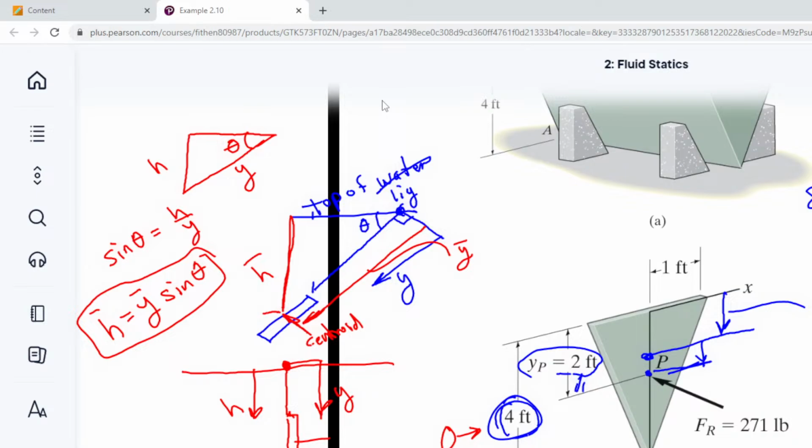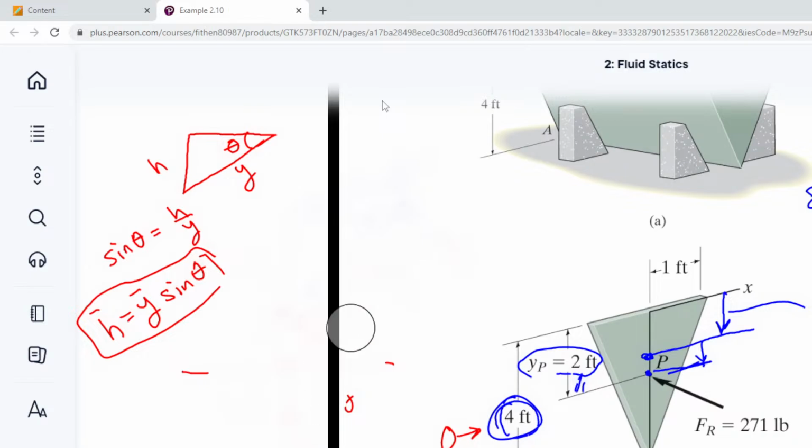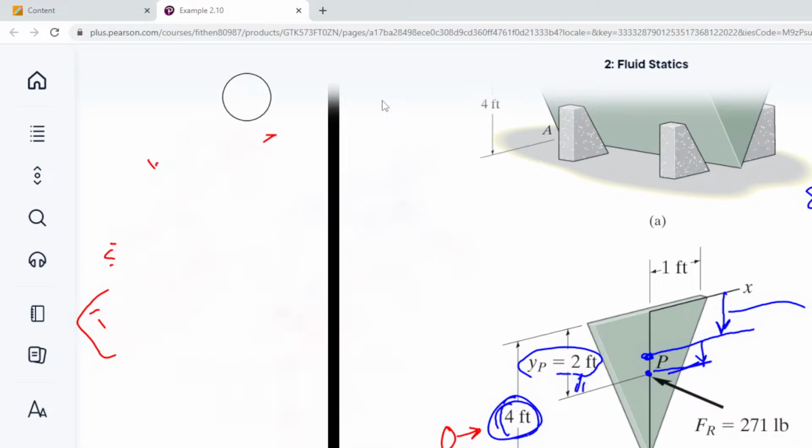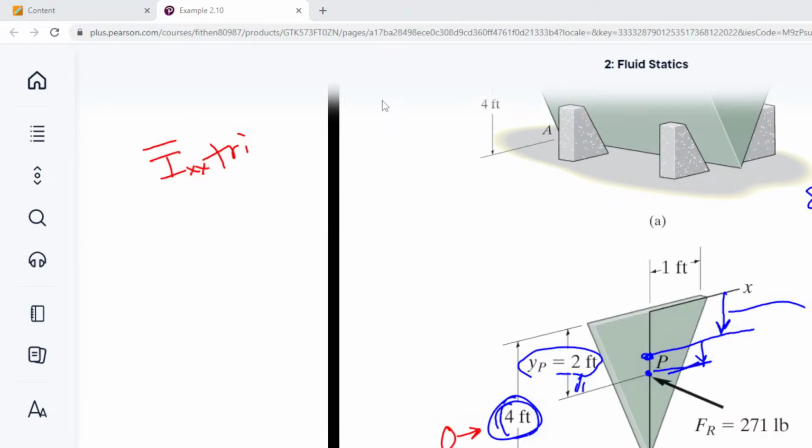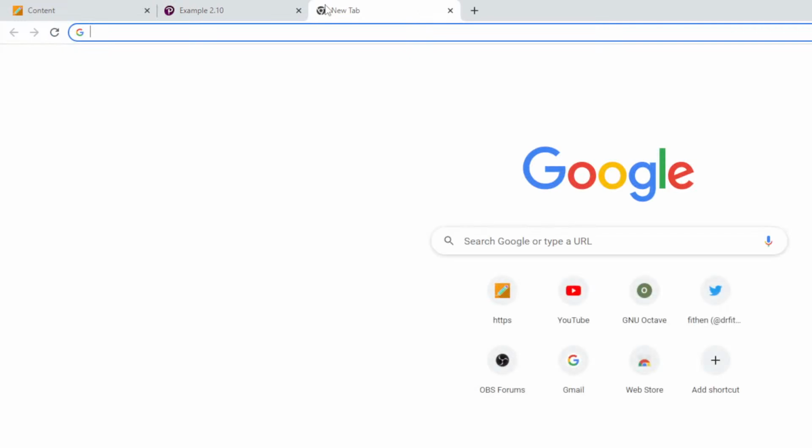Now, let me get rid of all this other mess. And one of the things we're going to have to do is find I xx of a triangle. Now, instead of looking down, okay, this is not a touch screen, so I have to do that.